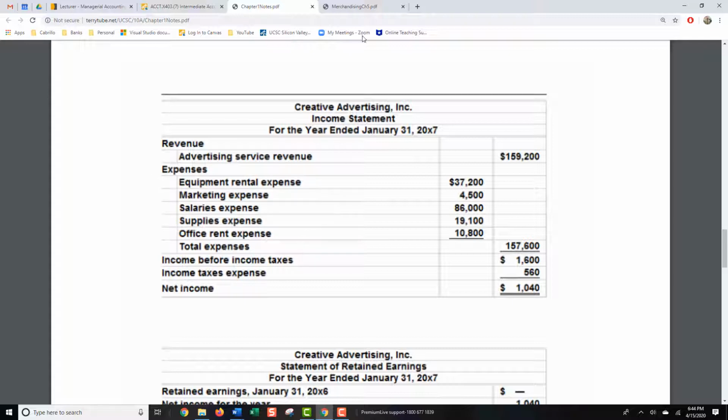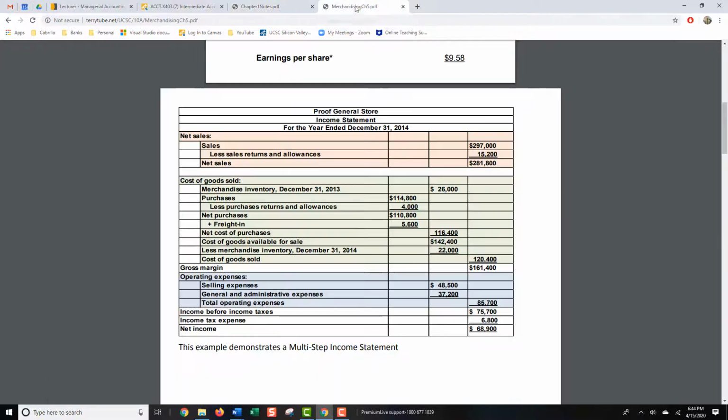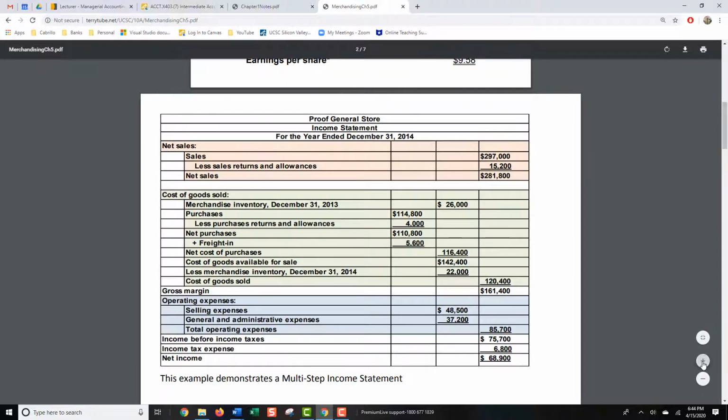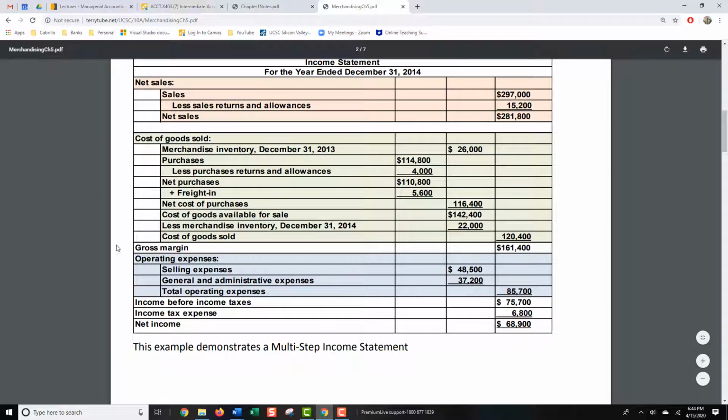If you were going to do merchandising, instead of revenues, you're going to say sales. Now you're going to subdivide those expenses into three categories.